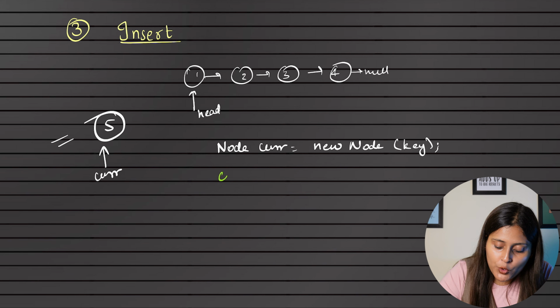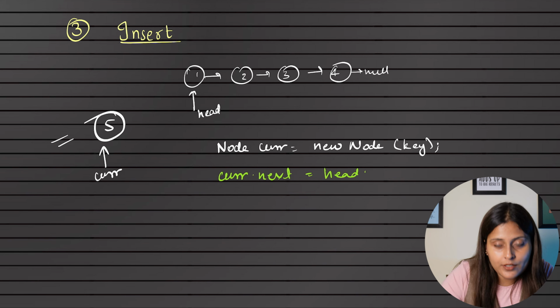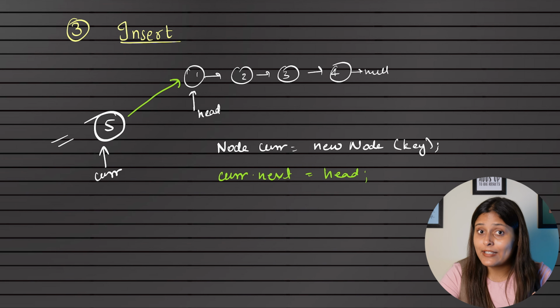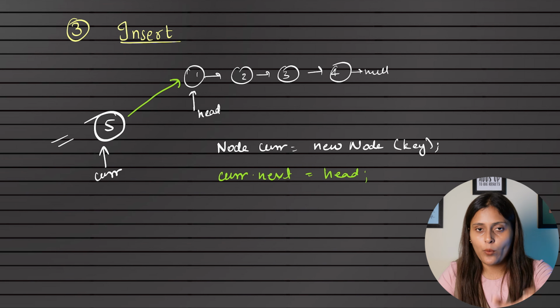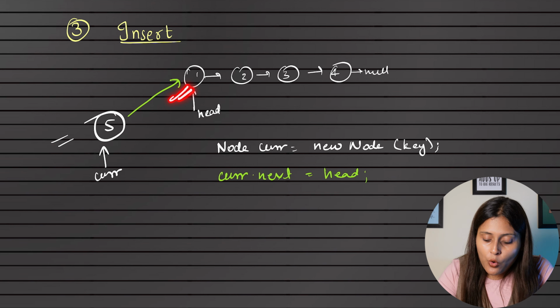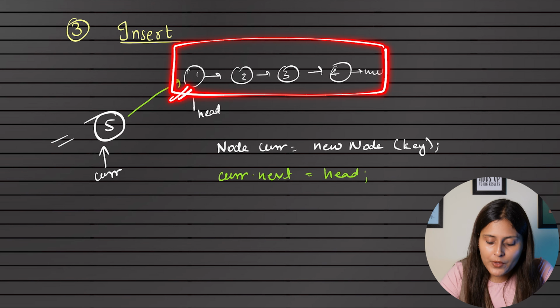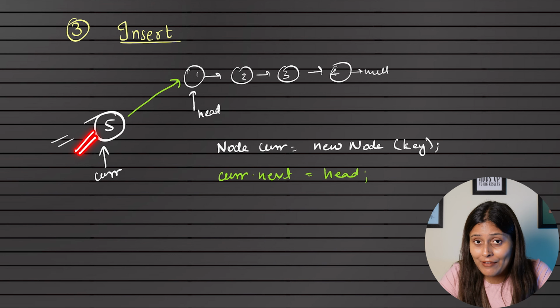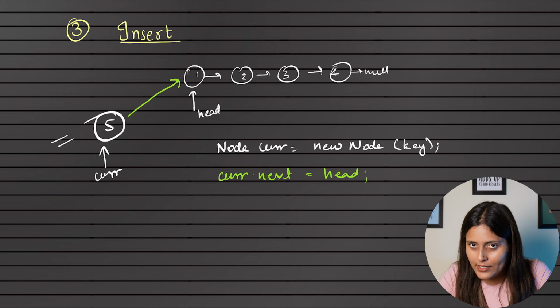Now we want to connect this current dot next to our head pointer. Yes. So I can say this has been connected. But as of now, if you return head, only this much of the linked list will get returned. It will say 5 has not been inserted because it does not know the address of 5. We cannot go back, correct?